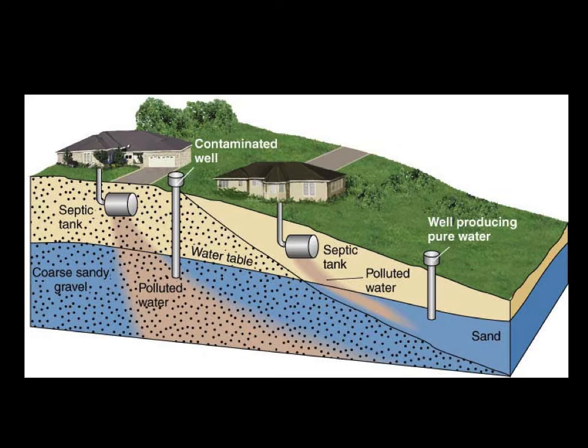For example, we can see here the septic tank is leaking and that water is getting into our groundwater. When contaminated water gets into our groundwater supply, it can travel all over the place, and there's very little that we can do to actually clean up that contamination from the groundwater.